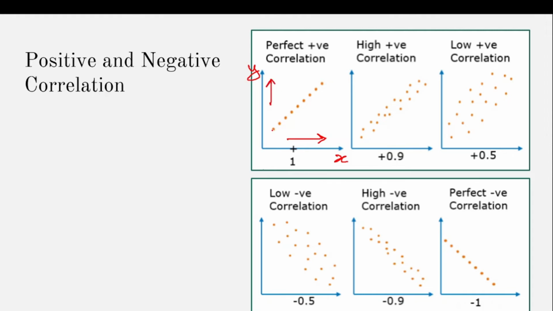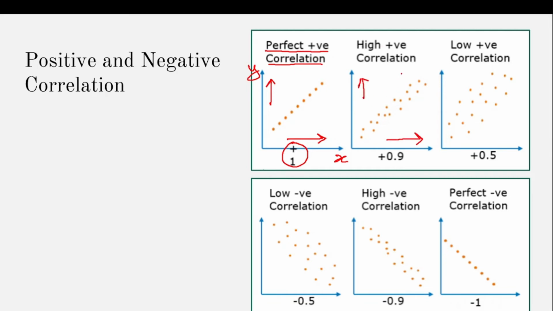And this is a very perfect trend as the points are falling in a straight line. So in this case, I say that my correlation is a perfect positive correlation, and the value of correlation will be 1.